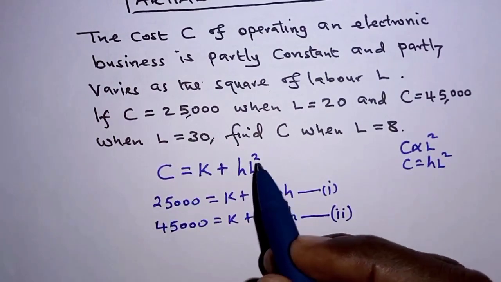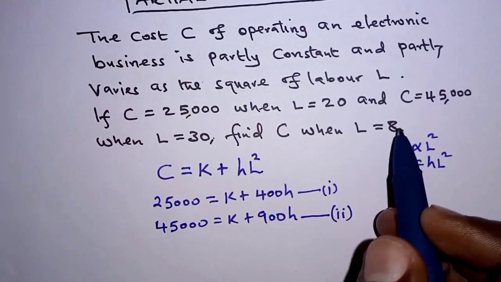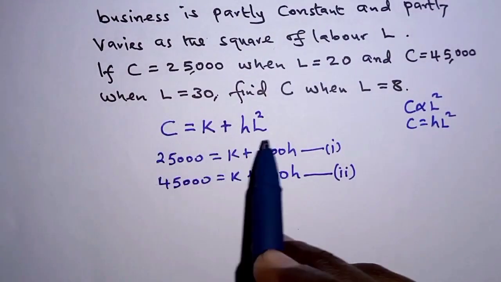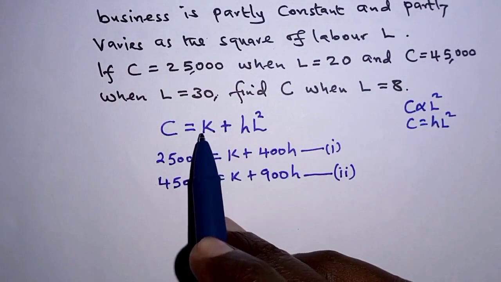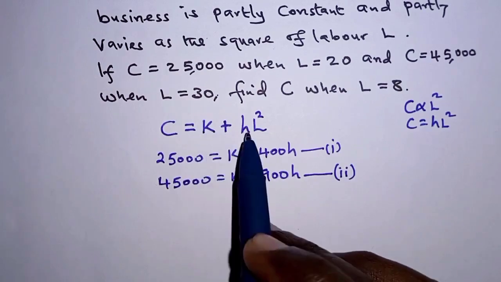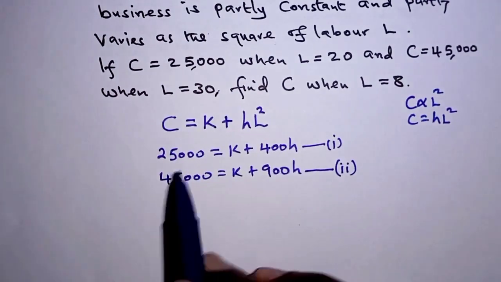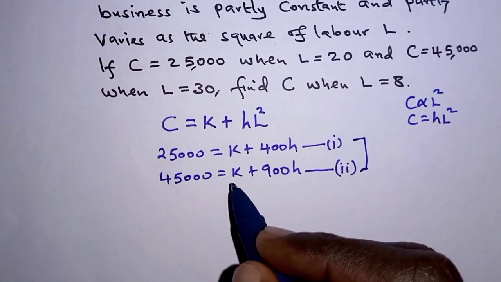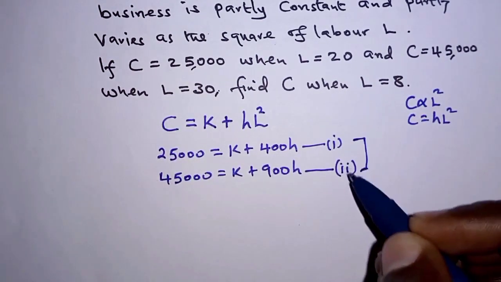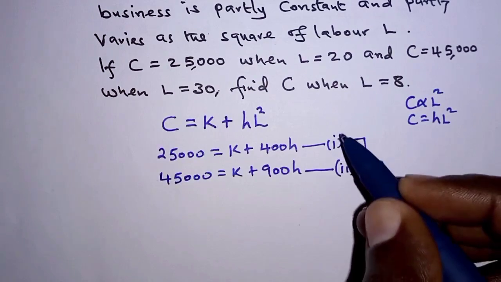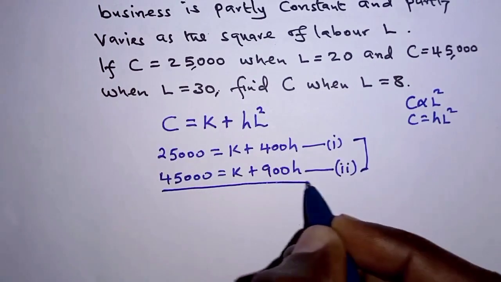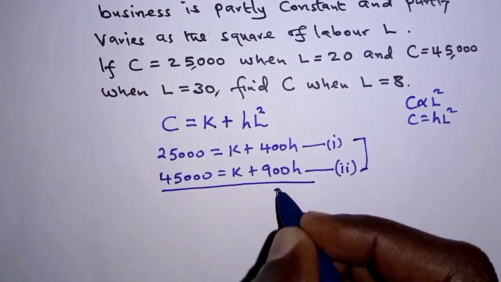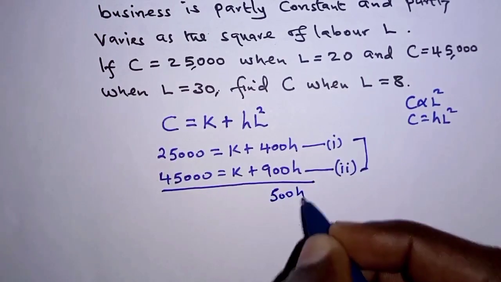Well, we are going to determine the value of C when L is 8 after getting the equation connecting C and L, that is by substituting the actual values of K and H. So let us solve this pair. We are going to use the elimination method. So we can subtract equation 2 minus equation 1. 900H minus 400H should give us 500H.